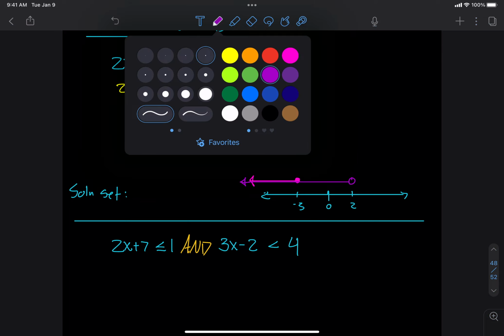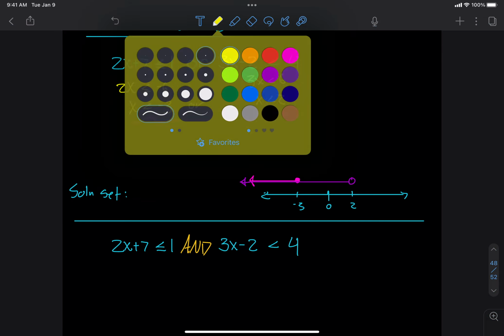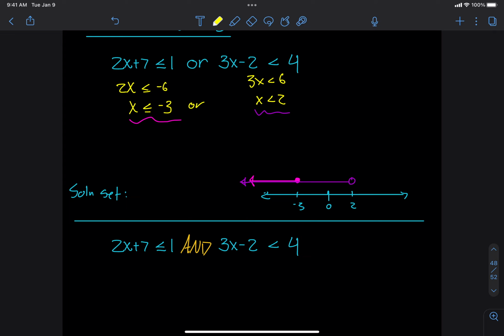Okay, so the solution set is going to be the union of the solution sets of these two. I know that this solution set is negative infinity comma -3 with a bracket.